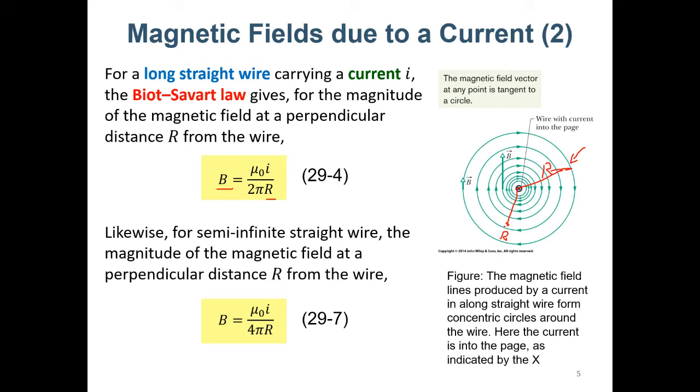Okay, so if it is a semi-infinite straight wire, which means you can consider this an infinite straight wire, going to infinity, far away. But now we only consider a semi-infinite wire, maybe just the upper part.